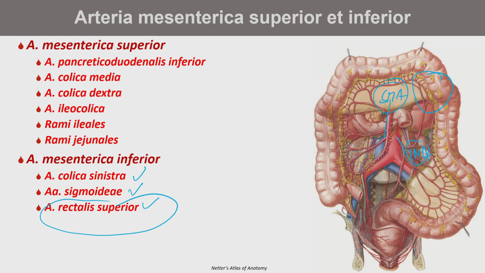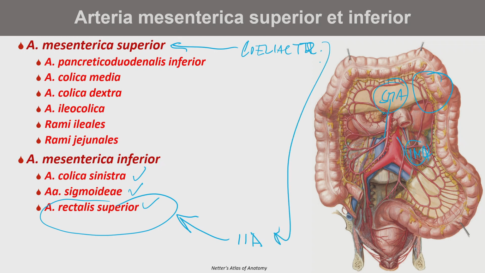And when we know then to mesenterica superior, we have probable input from celiac trunk, and here to the rectum, we could have also input, not to the rectal inferior artery, superior artery, but medial from internal iliac artery. So then, in final, we could have connected those two territories through those arteries.